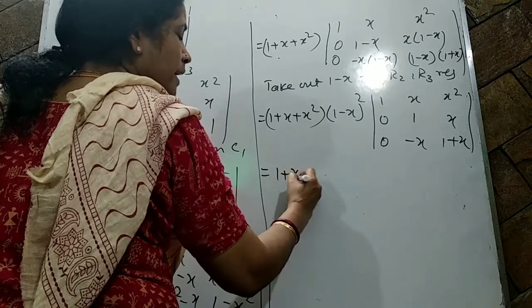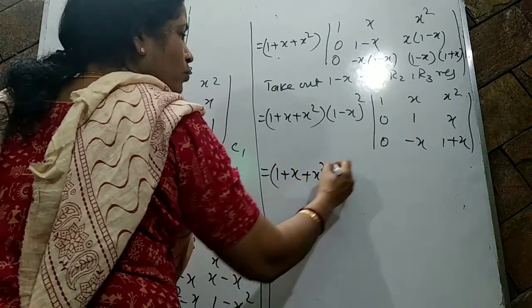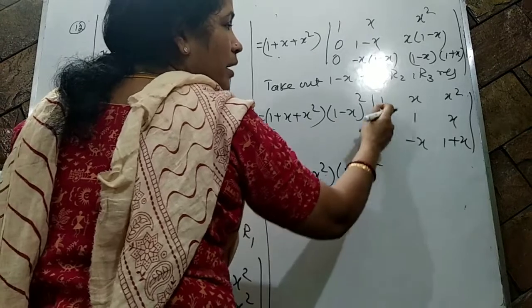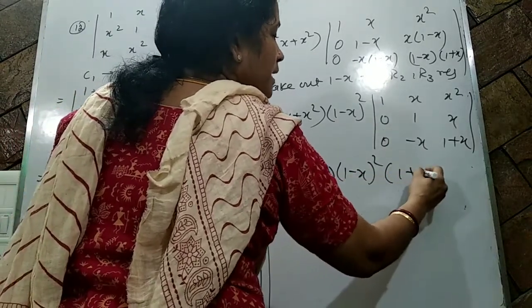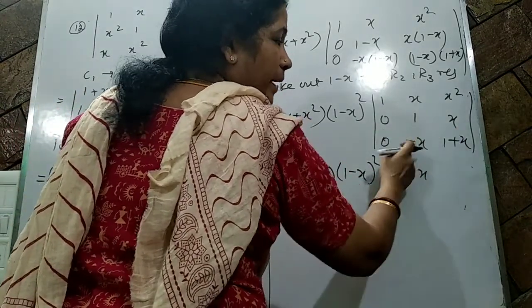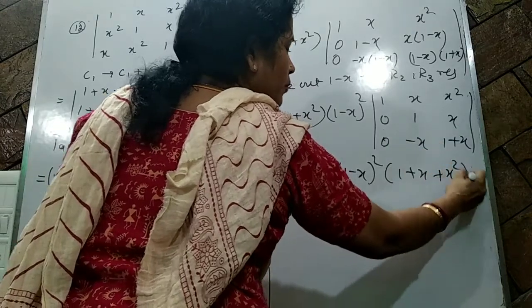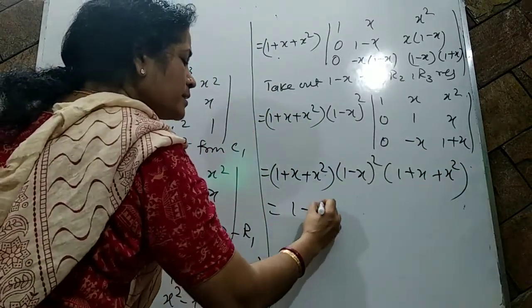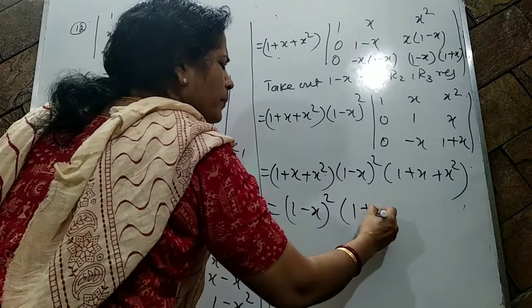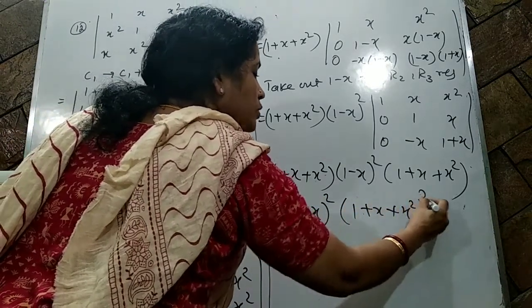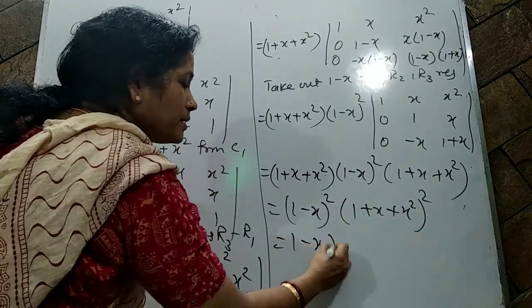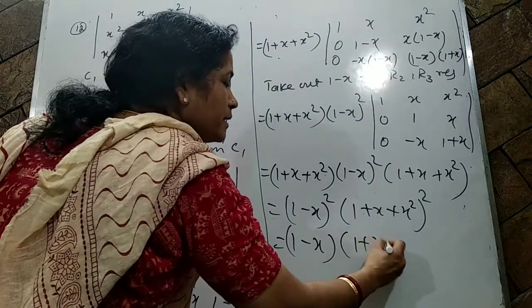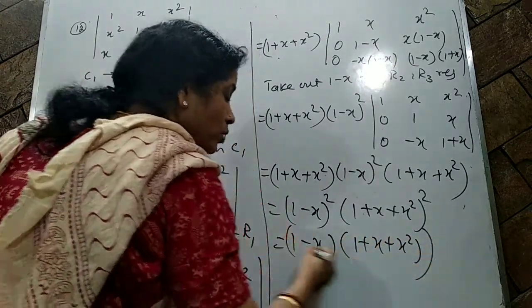Now that is equal to 1 plus x square into (1 minus x) whole square. Now 1 into downward, 1 plus x, minus upward, minus already we have, so plus x square. Now we have (1 minus x) whole square into (1 plus x plus x square) whole square. Now I can write (1 minus x) into (1 plus x plus x square), whole square.